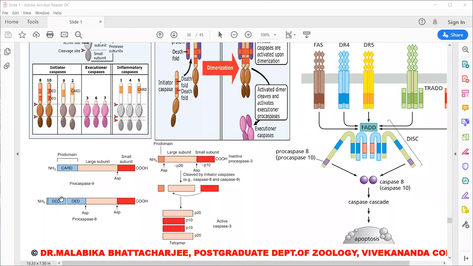They have a longer N-terminal prodomain and a C-terminal carboxyl group. They are known as caspases because they have a cysteine amino acid in the active site and their target substrates that they cleave have aspartic acids. So these are the two subunits.